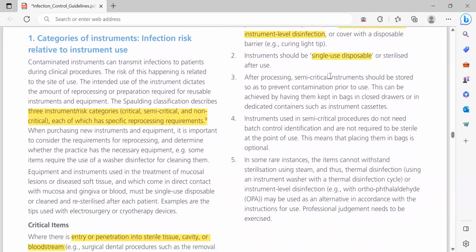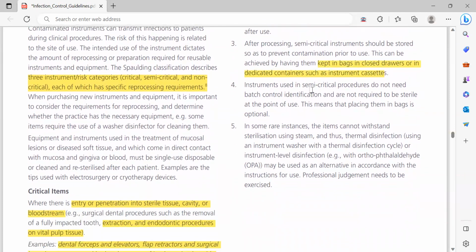After processing, semi-critical items should be stored to prevent contamination prior to use, so they should be kept in bags, in closed drawers, or in dedicated containers such as instrument cassettes. Instruments used in semi-critical procedures do not need BCI. There is no need for BCI for these instruments, but there is much need of BCI for the critical items.